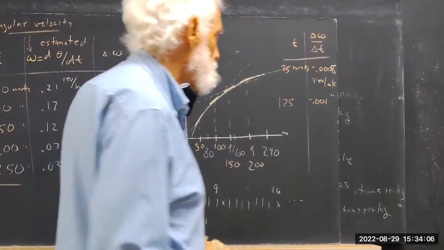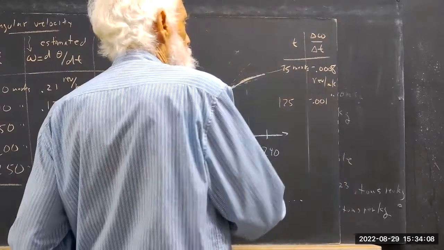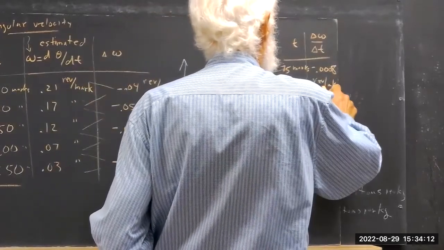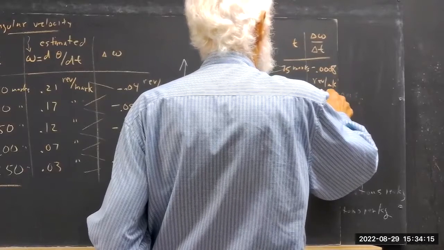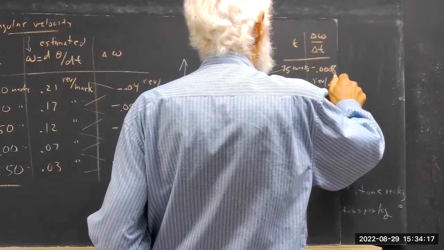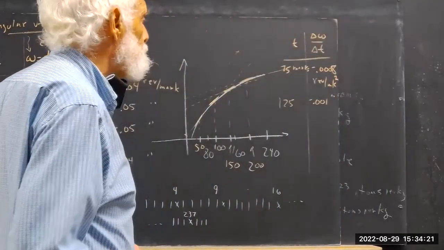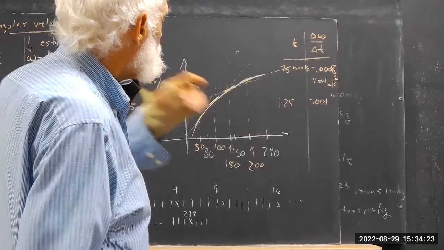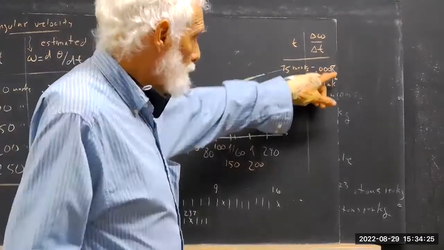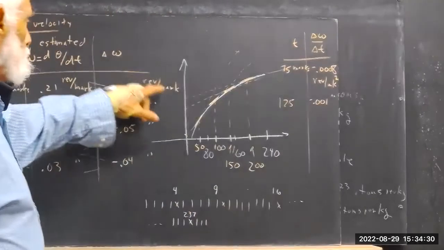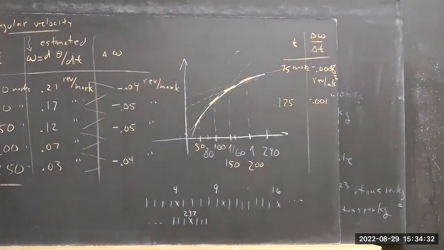I did something really wrong there. I wrote this down too quickly. This is actually revolutions per mark per mark, which can be written as marks squared. Okay, so we get negative 0.0008 revolutions per mark squared, when we divide 0.04 revolutions per mark by 50 marks.